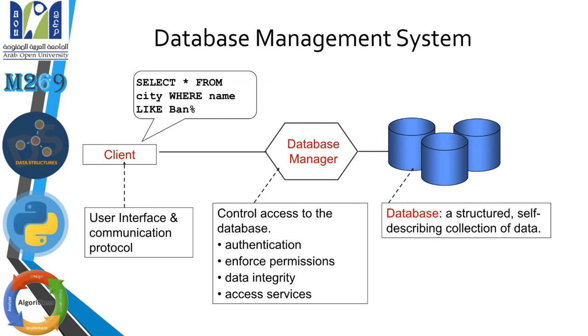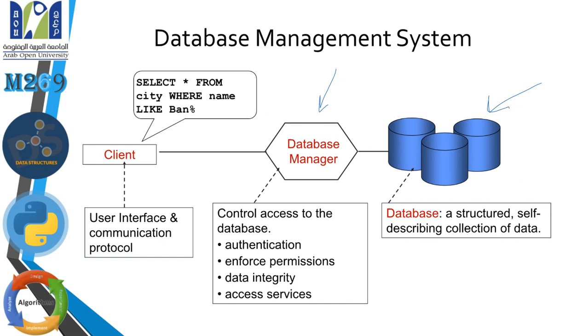Here is the structure of any given database management system, where we have the database, a collection of data in tables, and in the middle a database manager for controlling the database: how to access it, who has the authority to access the data, and making sure we have integrity of the data.